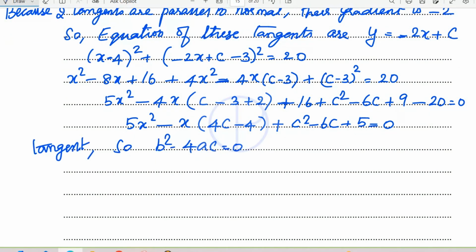So the b square value is 4c minus 4 the whole square minus 4 multiplied by 5 multiplied by c square minus 6c plus 5. This is equal to 0.